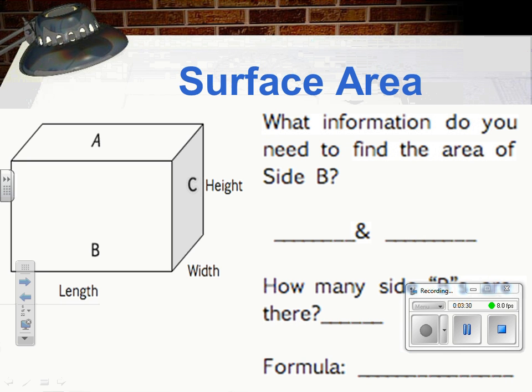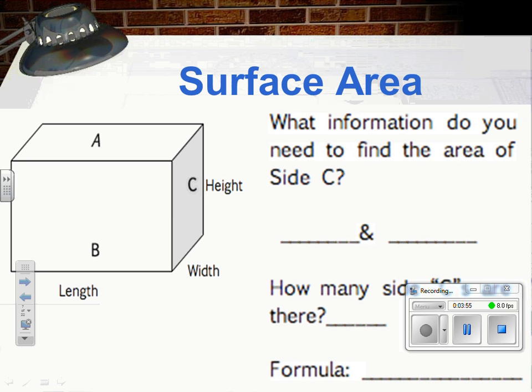Then what information do we need about side B? That would be our length and our height to figure out the area of side B. There's a front and a back to this box, so there are 2 side B's, so we would say 2 times length times height.